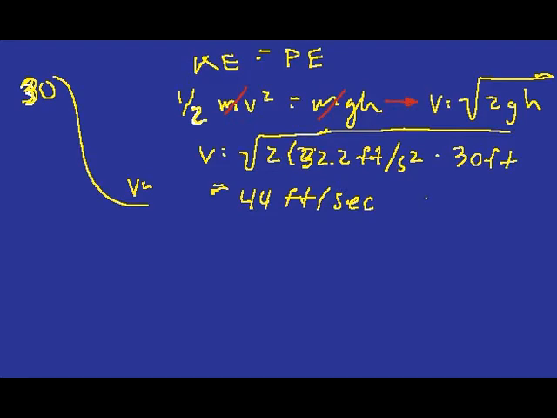I left the units off, and you should know that in every engineering problem there should be some units as part of the answer. So what I intended for you to do was convert that to miles per hour by multiplying 3,600 seconds per hour and dividing by 5280 feet per mile.